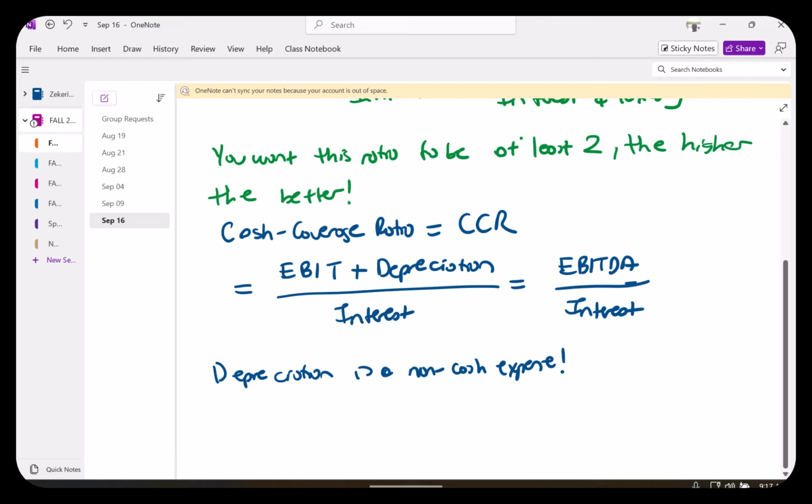in fact, technically speaking, if I was doing for real analysis, I would add back any non-cash expense. For example, there's stock-based compensation.